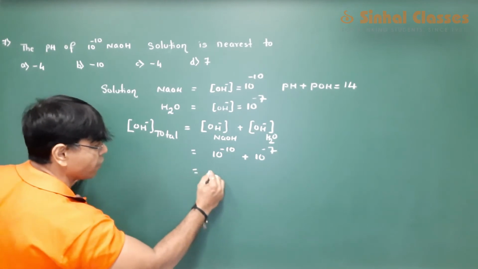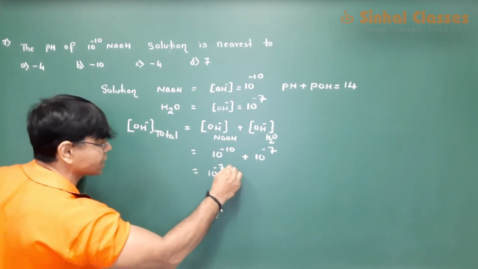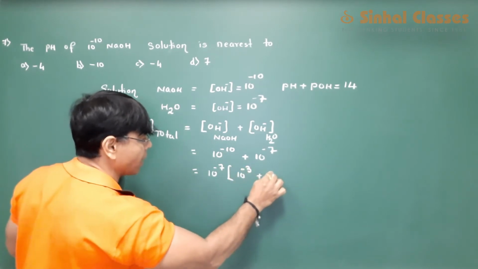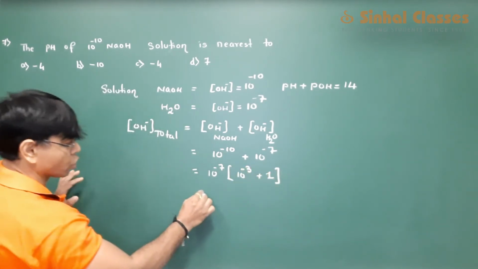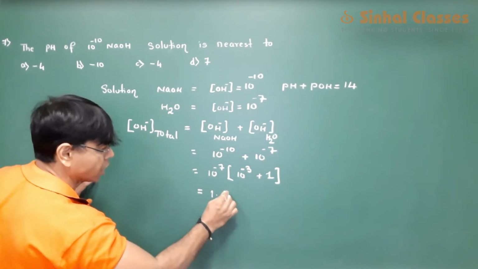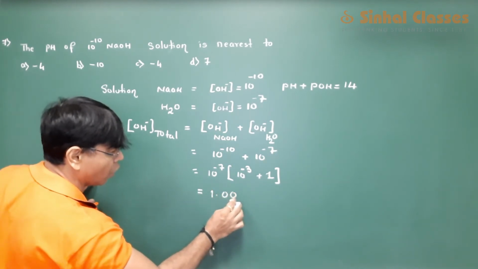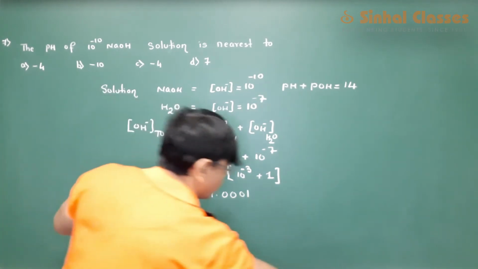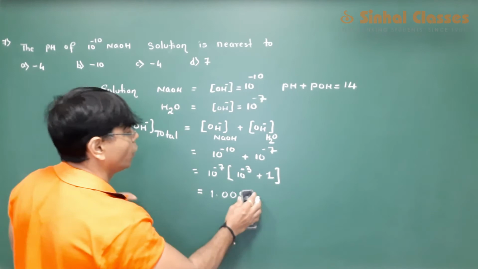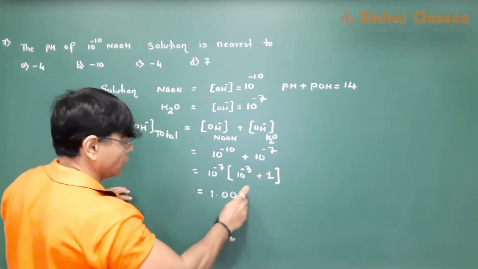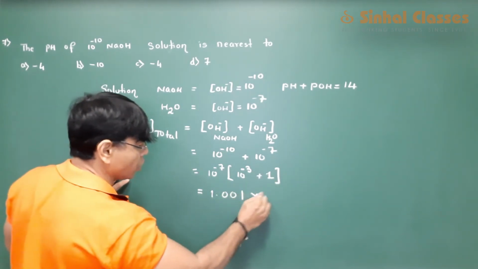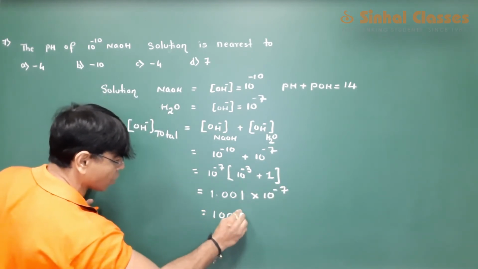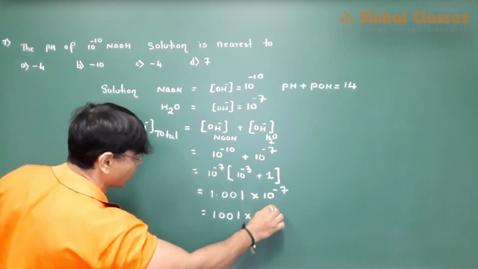We take out 10 raised to minus 7 common, so this will become 10 raised to minus 3 plus 1, which is 1.001 into 10 raised to minus 7, can be written as 1001 into 10 raised to minus 10.